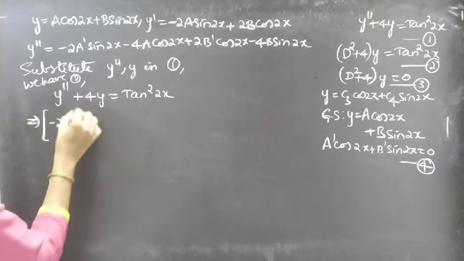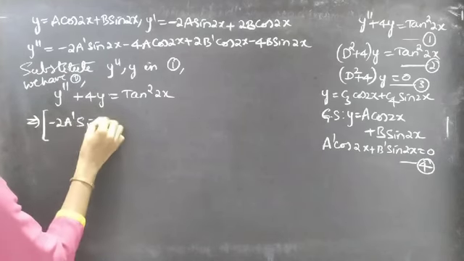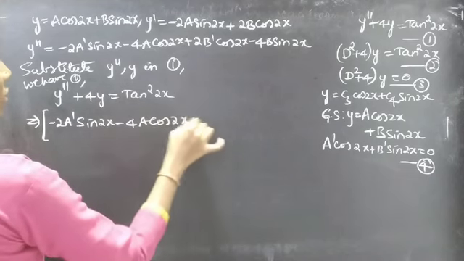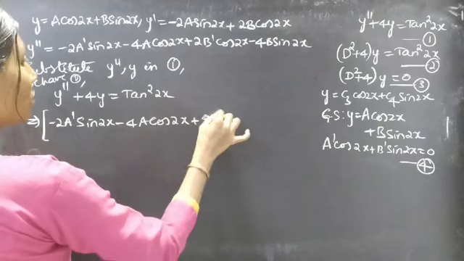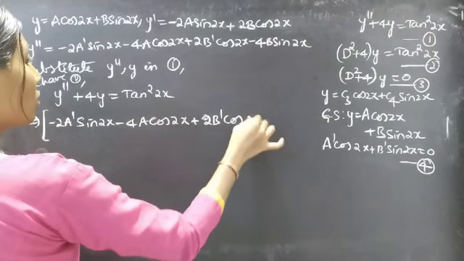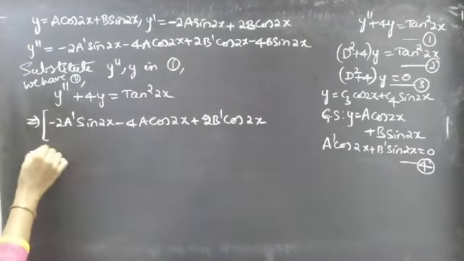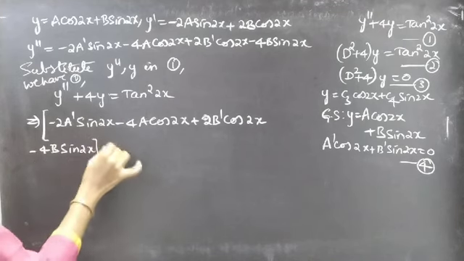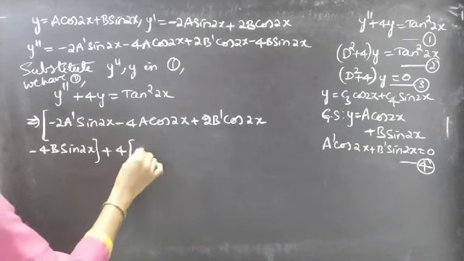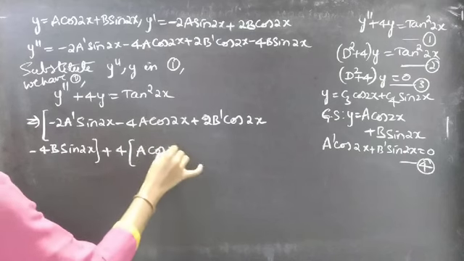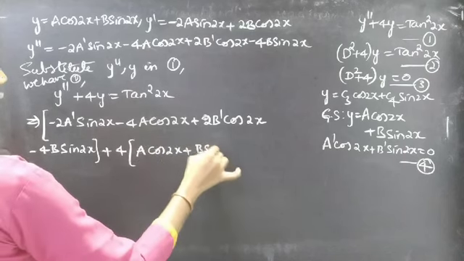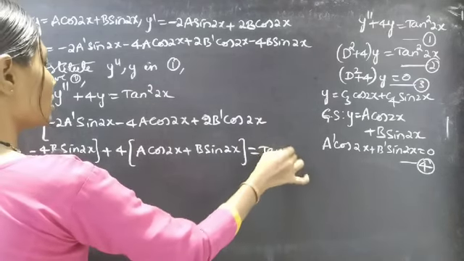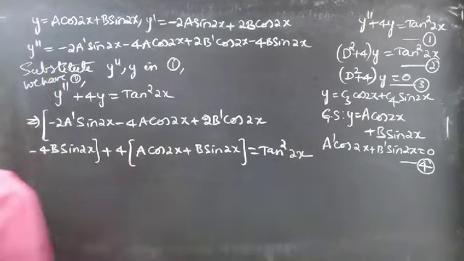Y'' is minus 2a' sin 2x minus 4a cos 2x plus 2b' cos 2x minus 4b sin 2x, plus 4 into y, a cos 2x plus b sin 2x, equal to tan square 2x, right?